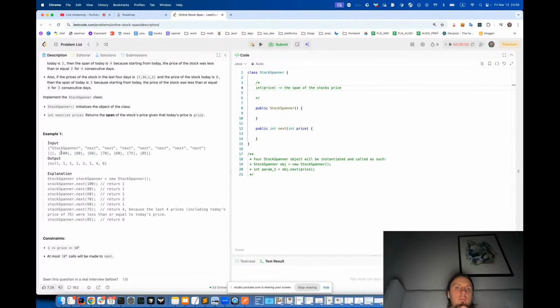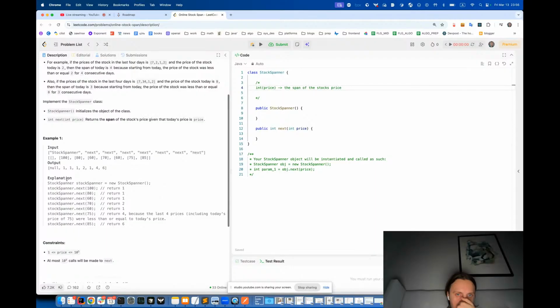Here, for example, we have next 100, so why return 1? Okay, so we are storing them. Right, so we store 100, then 80 is less than 100, 60 less, 70 less, 60 less, 75 is greater.